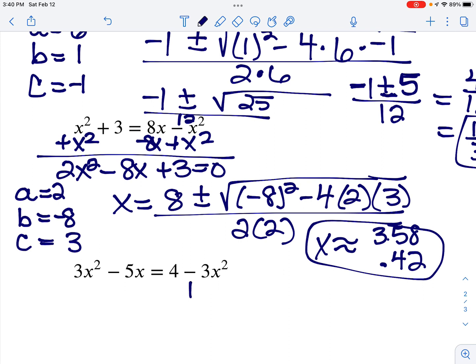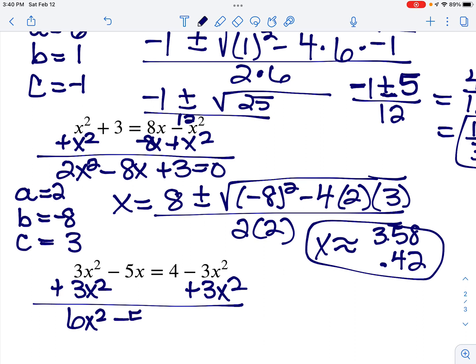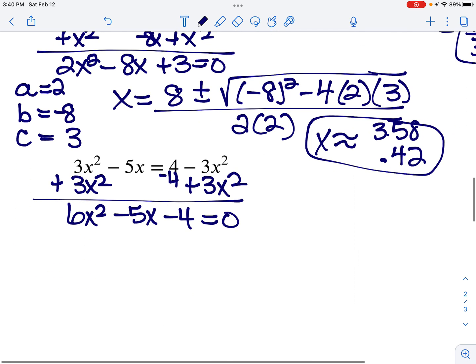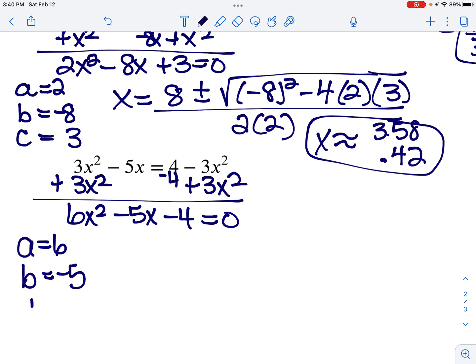Okay, my last one, again, I have to put it in standard form, so I'm going to add 3x squared to get 6x squared minus 5x, and then I still have to subtract the 4 over also, equals 0. So a is 6, b is negative 5, and c is negative 4.